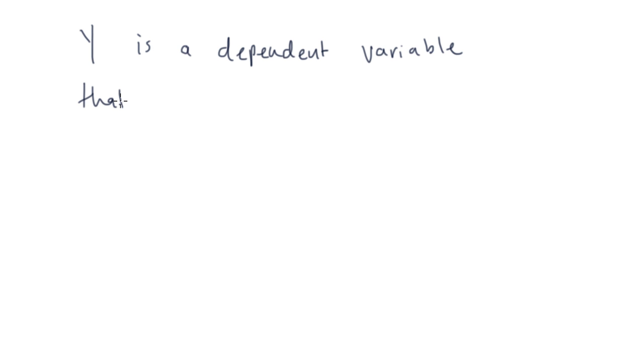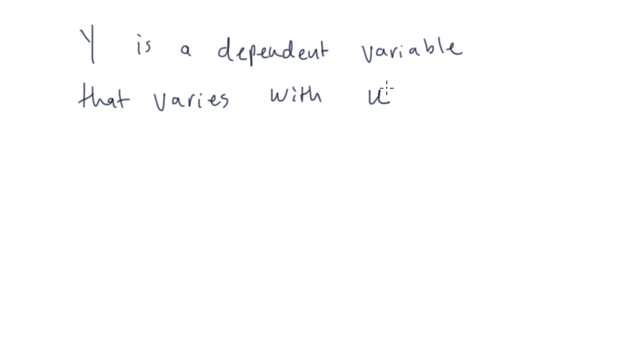So there's another way to think about the chain rule using the idea of rates of change. So let's say that y is a dependent variable that varies with u.